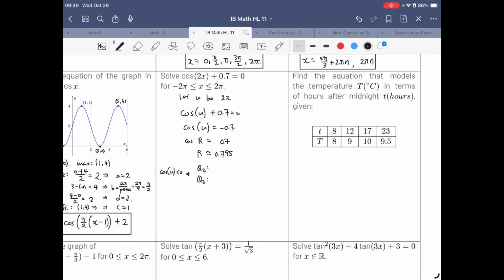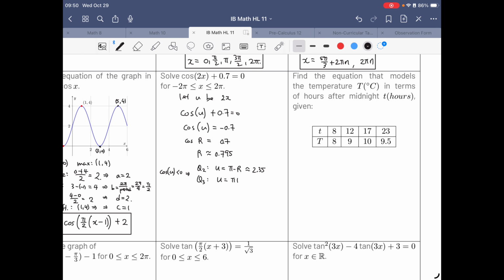So u is equal to pi minus r, and I'm going to store this as alpha r. So let's do pi minus r, and it's going to be approximately 2.35.